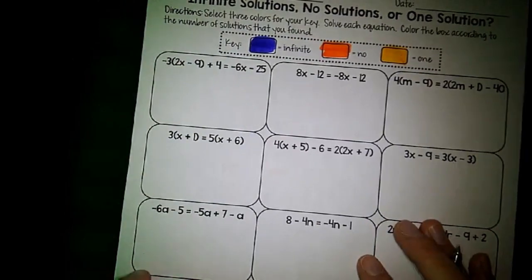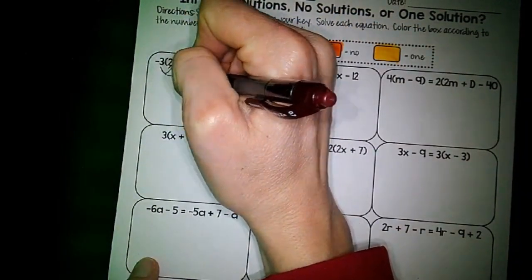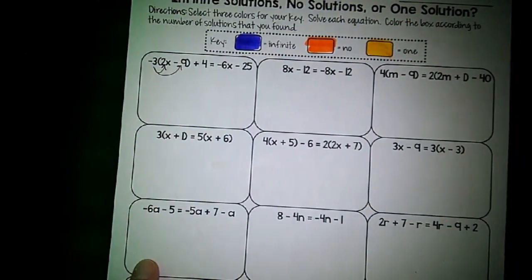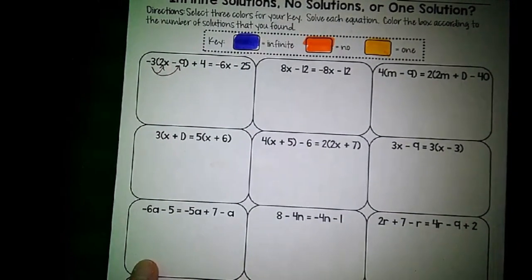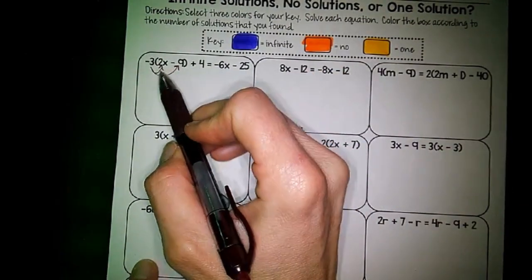So we're going to have to distribute. Anytime I see parentheses, I always do just some distributing properties. Just make sure if you take them, you put them back, please. Negative 3 times 2x.